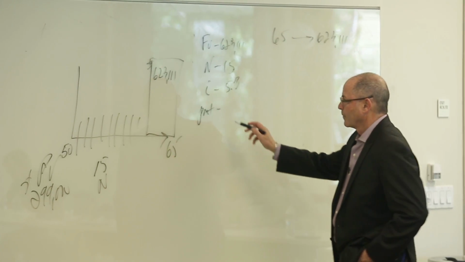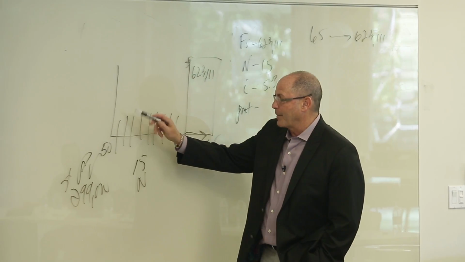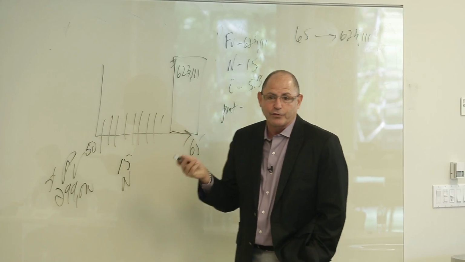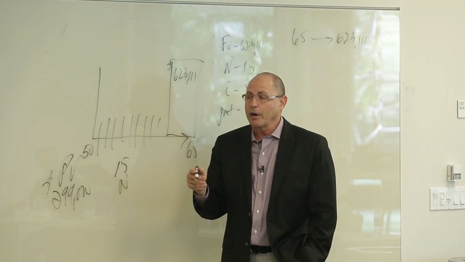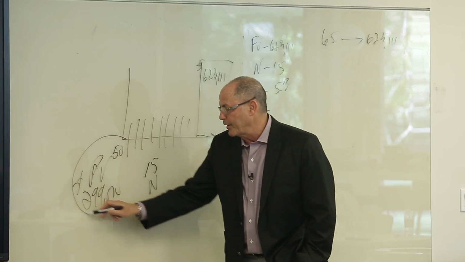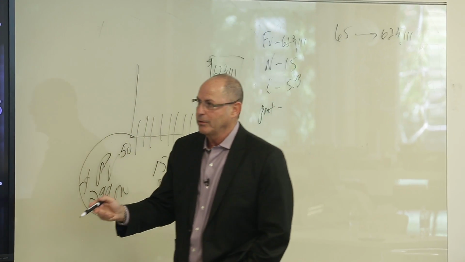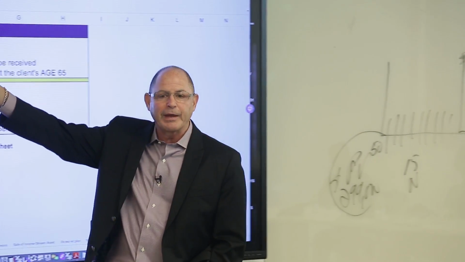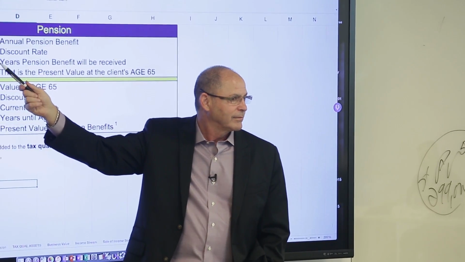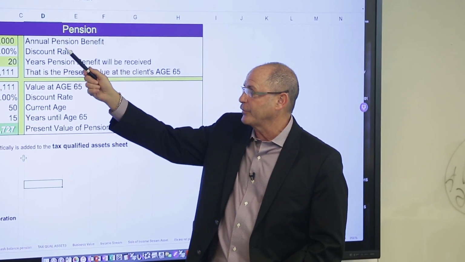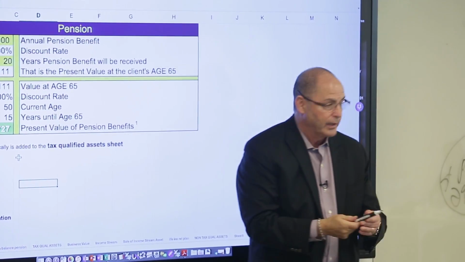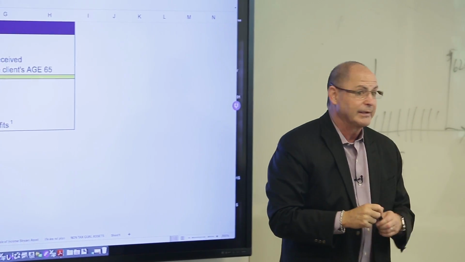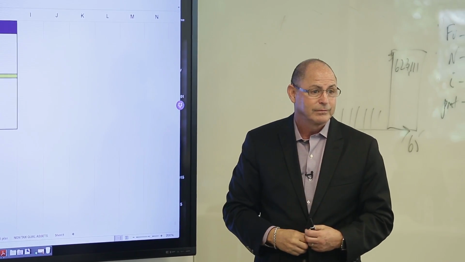So, if I want to know how much to put in each year to get there, I'd solve for a payment. But for our purposes, I just want to know the present value of this future pension benefit. So the future pension benefit of $50,000 a year is worth $623, but it's at age 65.